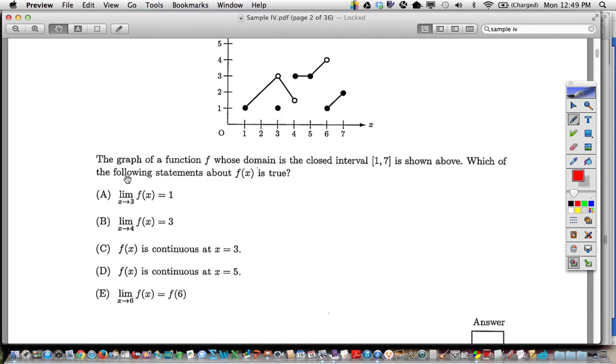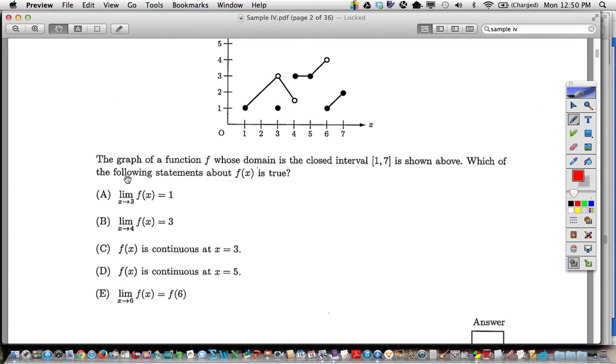It's not undefined because at 3 it does have an output. The limit doesn't equal the output. The limit is 3. The output is 1. So it fails the third in our list of 3 things. But don't say the third one. Say the limit as x approaches 3 does not equal f of 3.